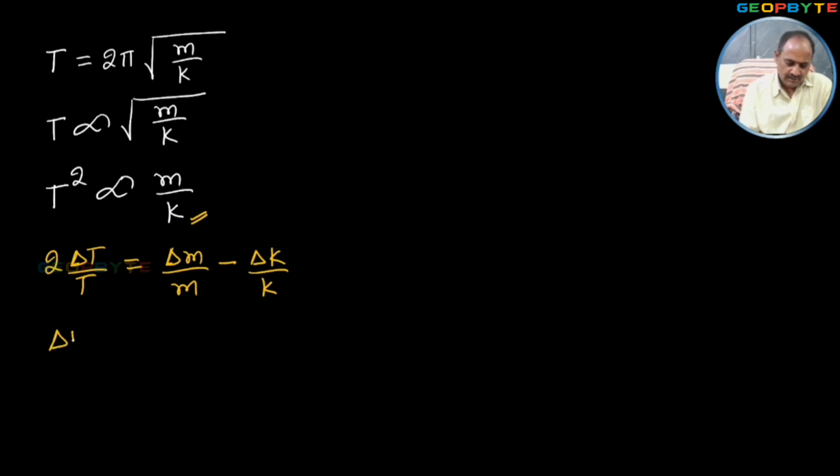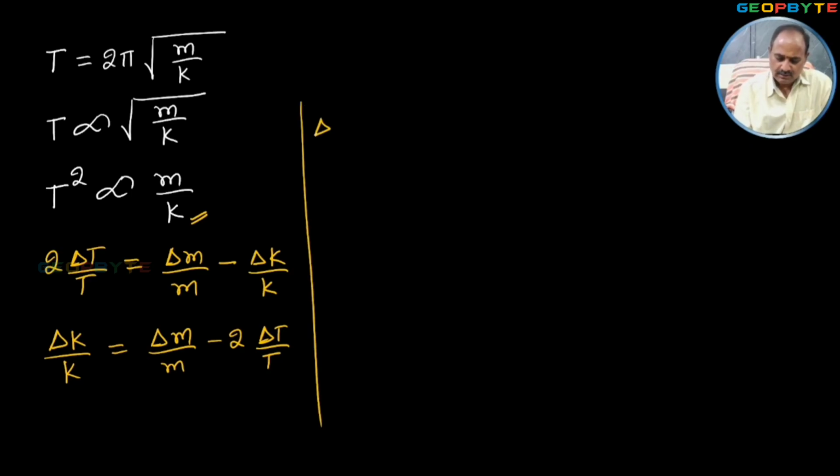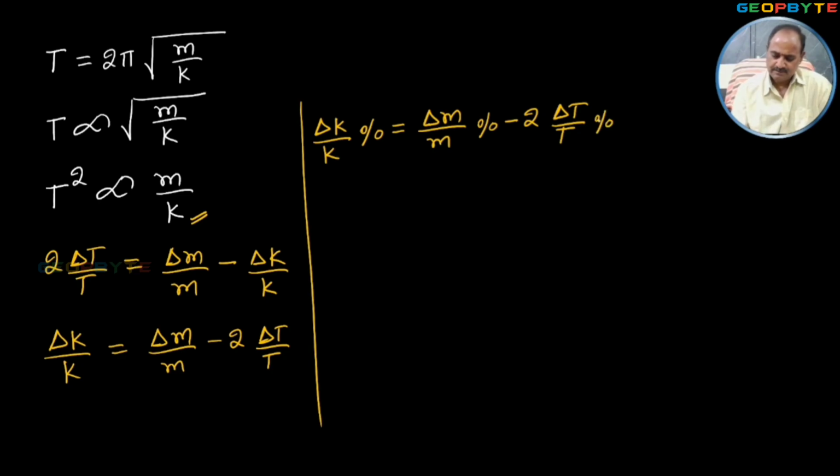I want delta K by K, which is equal to delta M by M minus 2 times delta T by T. So delta K by K in percentage equals delta M by M in percentage minus 2 times delta T by T in percentage.